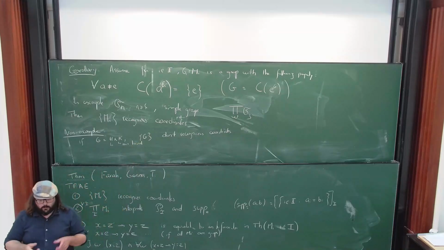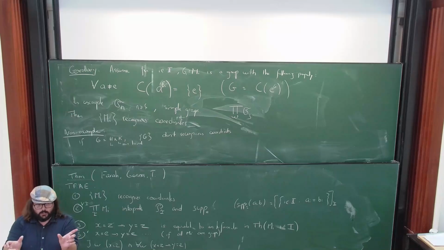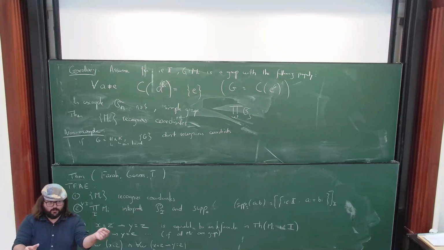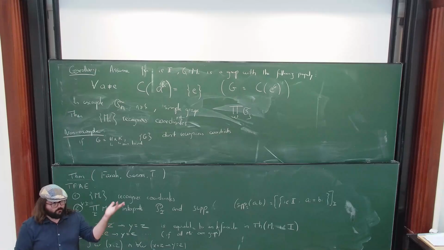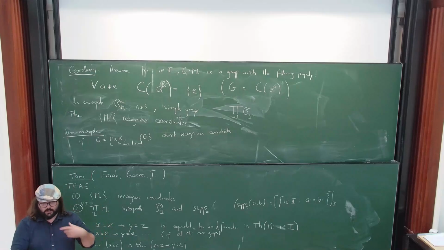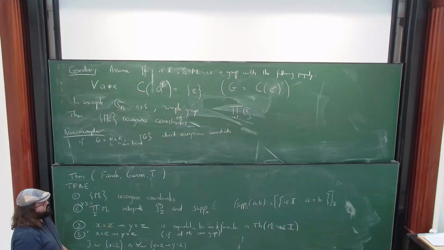Because if you take two products of G, then you can mix the H component of the first with the second component of the second. You can switch partially the coordinates and it's not fitting the definition. So it's something very easy to show.